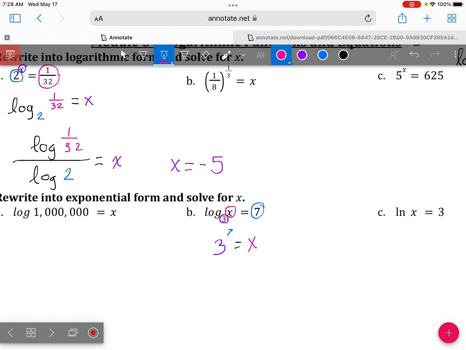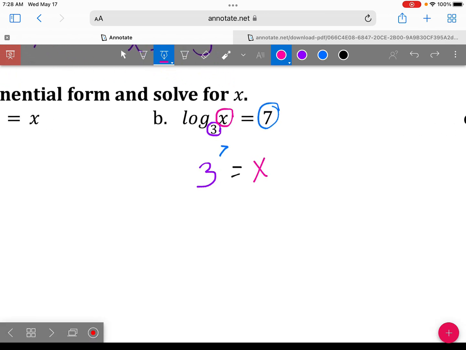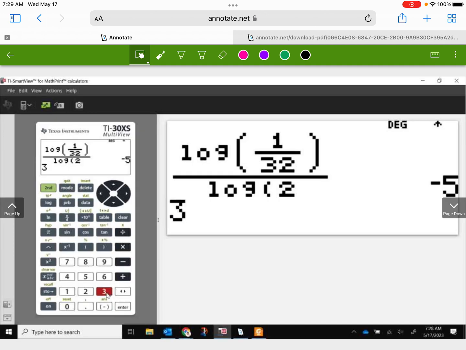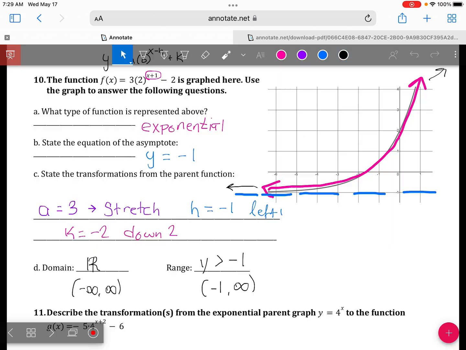Oh, I switched my colors around all kinds of different, but that's okay. Still works. So switching the log to the exponential form, we can type the dang thing in the calculator again. 3 to the 7th, 2,187.